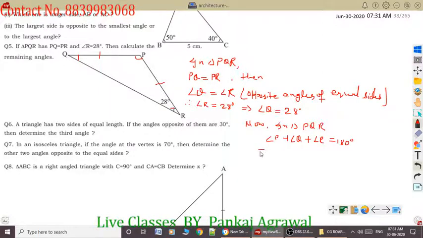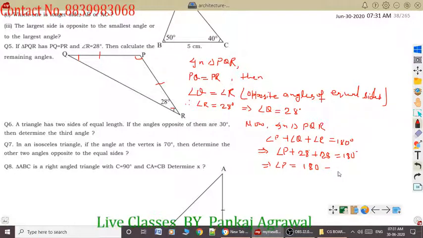And then what will be angle P? You have to find. Angle Q is given 28, angle R also 28, it will be 180, and then angle P equal to 180 minus 28 plus 28, 56.